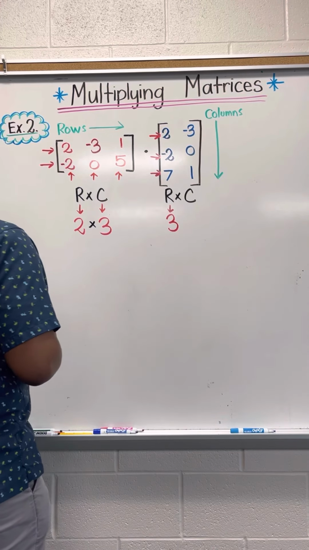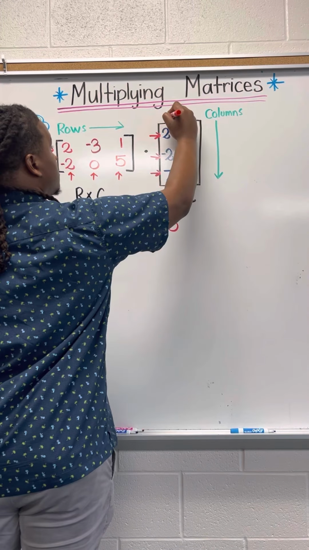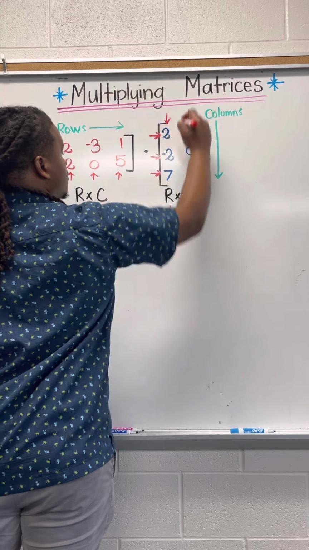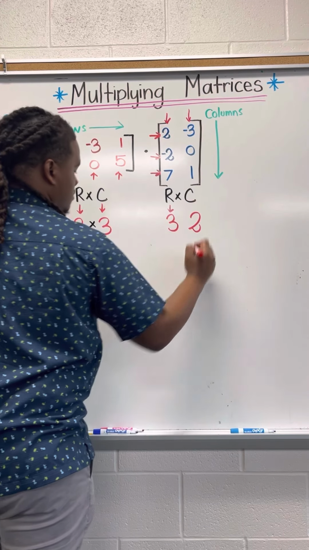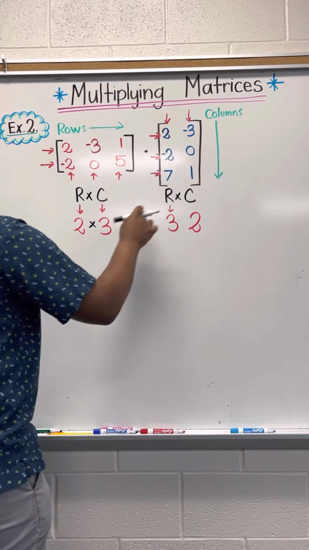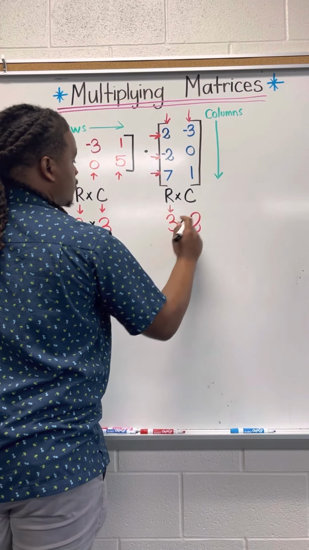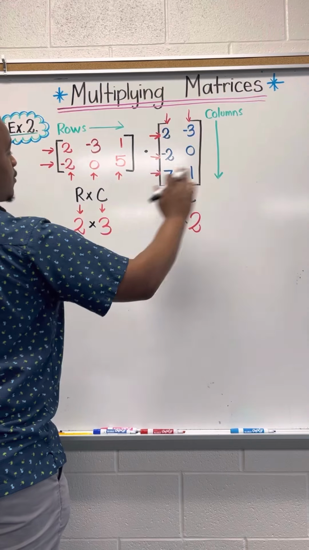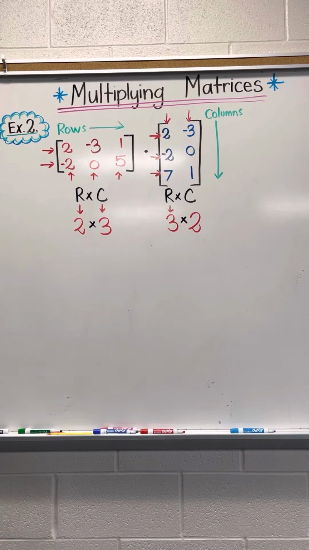And then let's count the columns: 1, 2 columns. So the first matrix is a 2x3 matrix, and the second matrix is a 3x2, meaning that it has 3 rows and 2 columns. So we identify the size of these matrices.